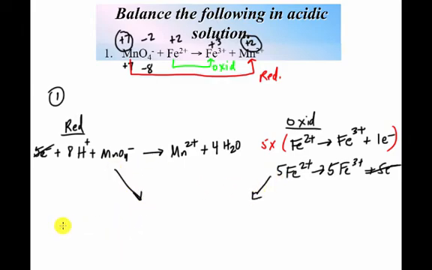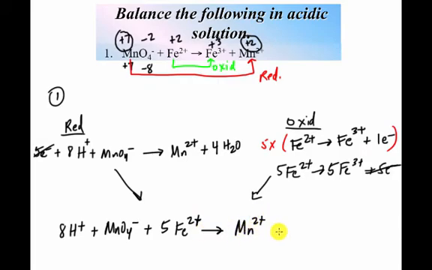So I have 8 H plus hydrogen ions. I have permanganate ion plus 5 iron 2 plus yields manganese 2 plus, and I have 4 waters, and I also have 5 iron 3 plus.